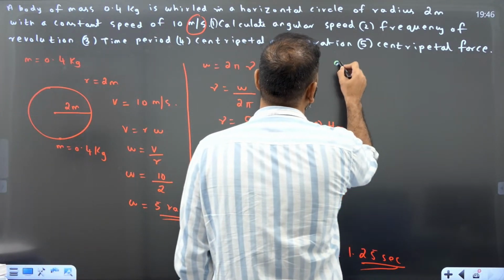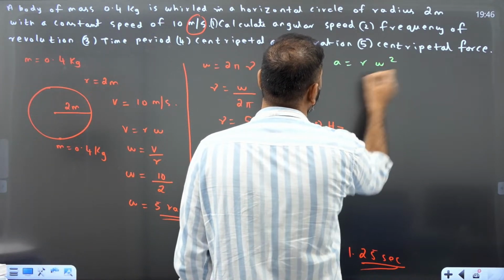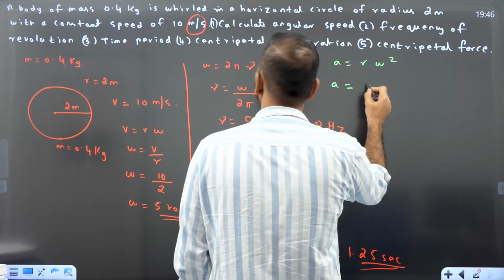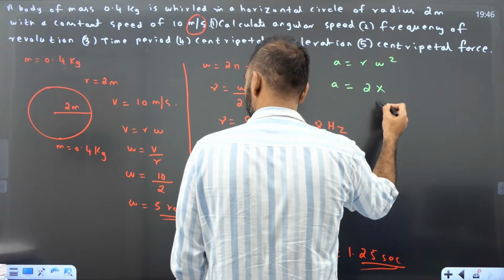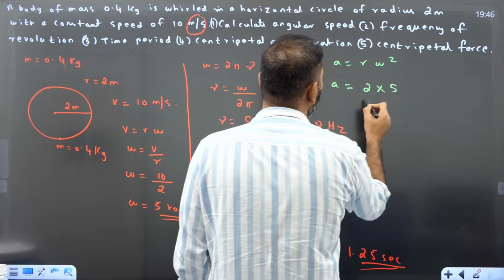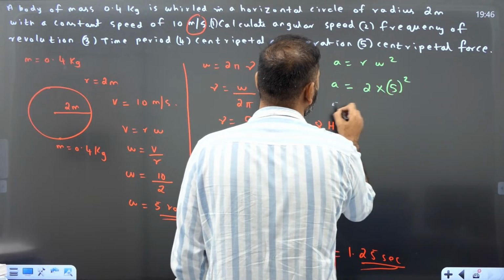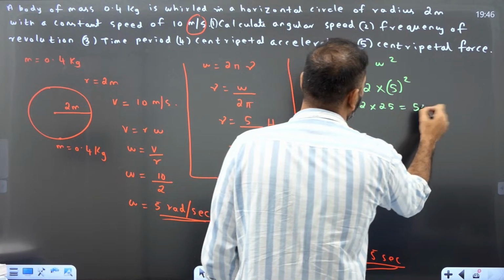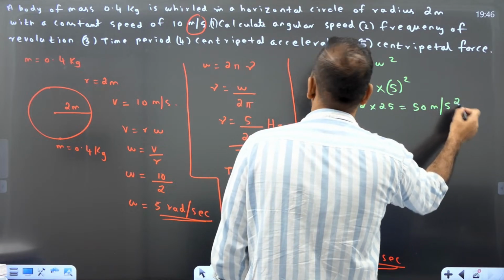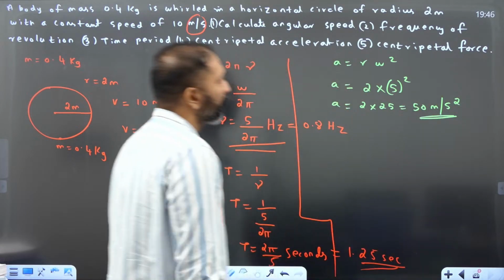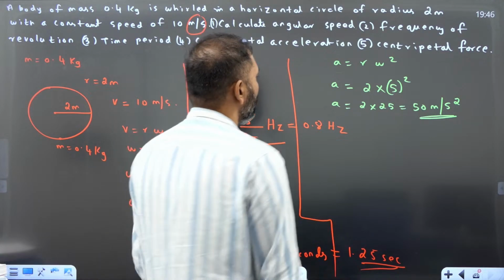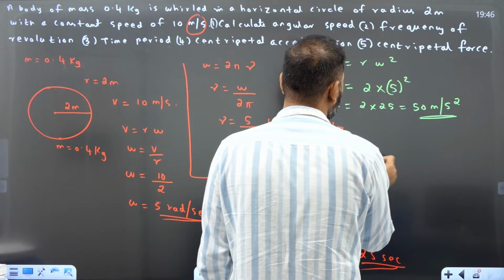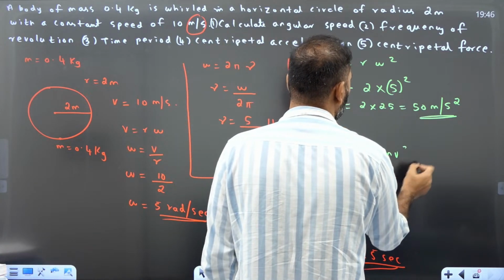Next is centripetal acceleration. a equal to r omega square. What is the radius? 2. What is omega? 5. So 2 into 5 square, which is 2 into 25. So the centripetal acceleration is 50 meter per second square. Now centripetal force. F sub C is equal to m v square by r.